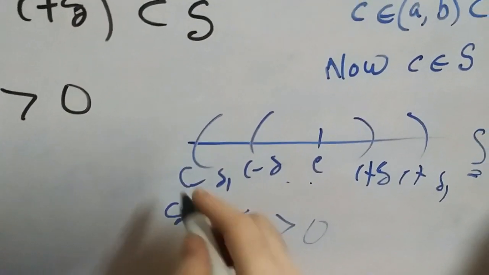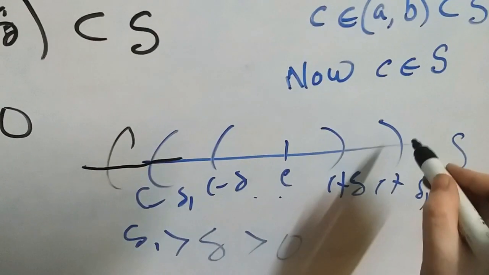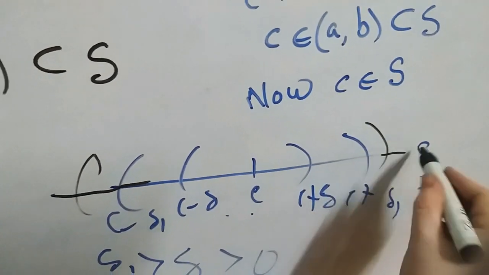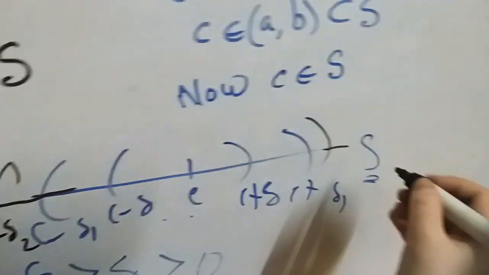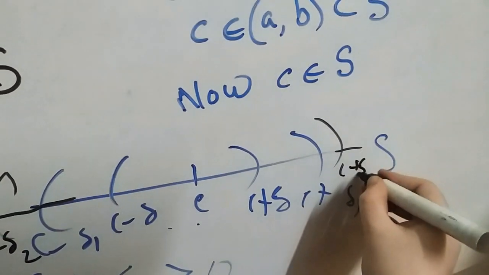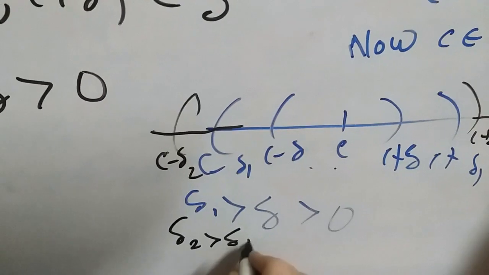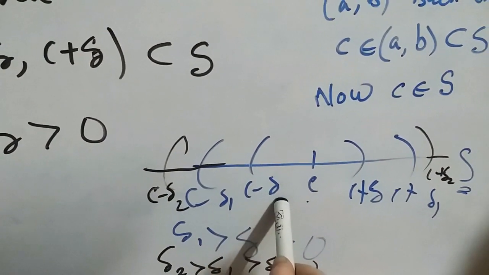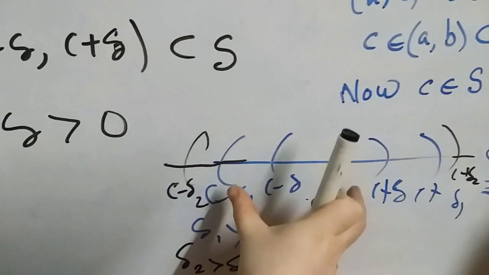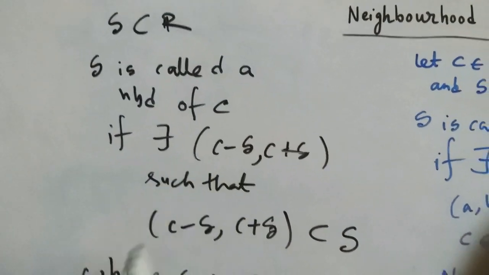If we increase it further, then this will be C minus delta 2, C plus delta 2, where delta 2 is greater than delta 1, which is greater than 0. So if we increase delta, we can find all intervals that are contained in S and contain the point C. So this is the definition of neighborhood.